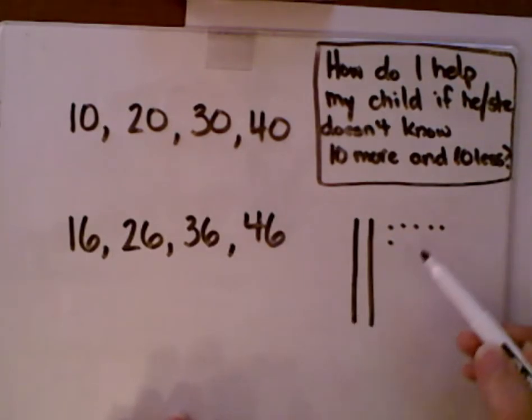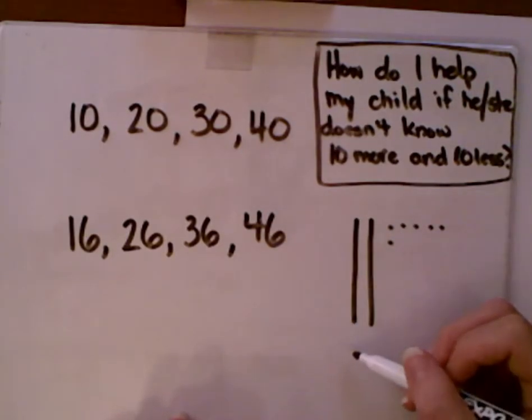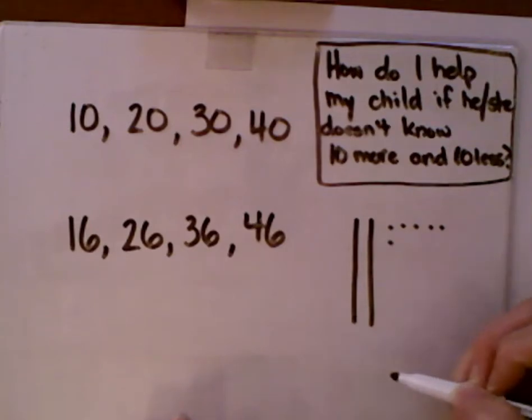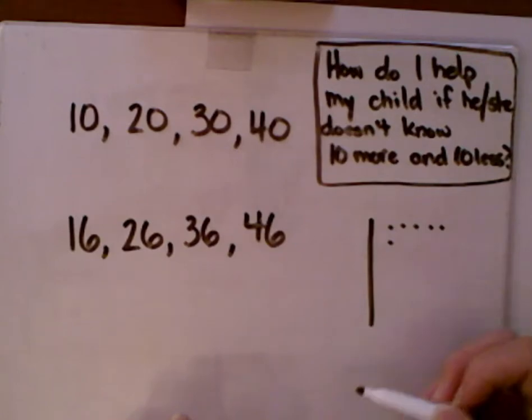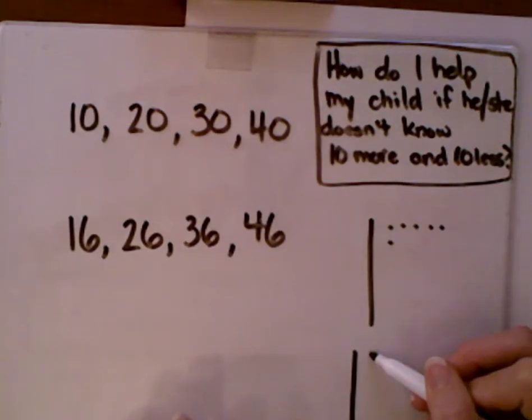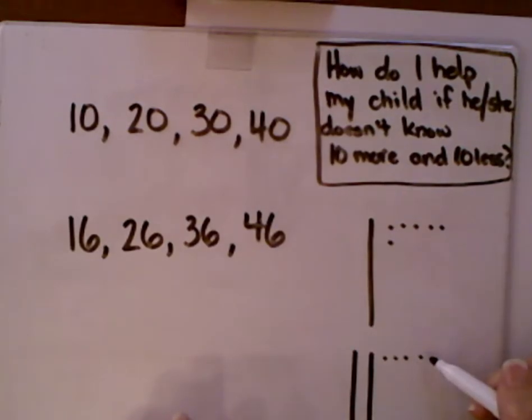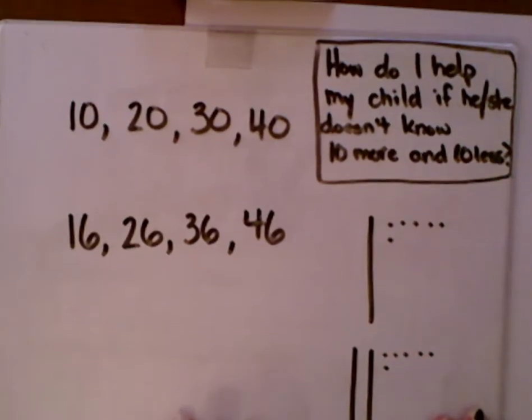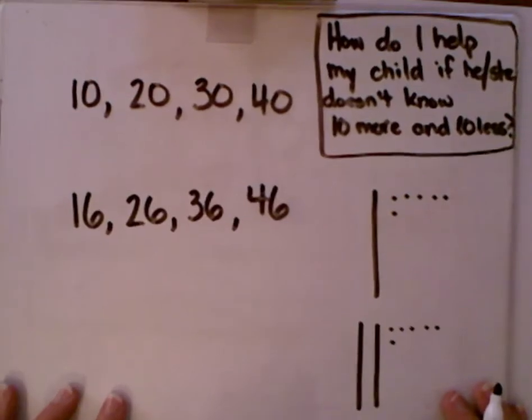If students don't see this, they may actually, quickly in their head, have to rewrite. They might make 16 and then they might make 26. Or you might say, let's make 10 more than 26. What would that be?